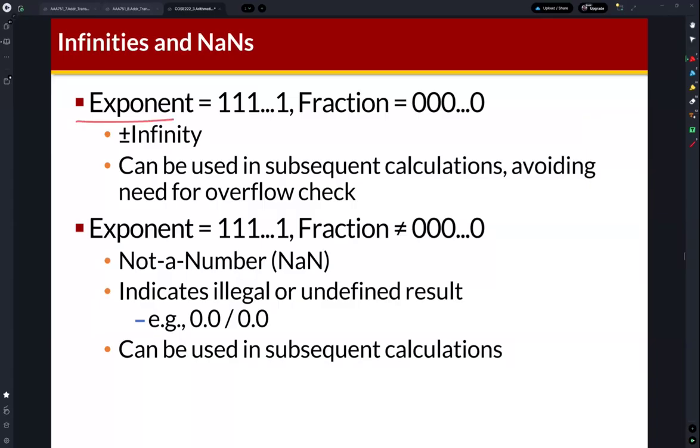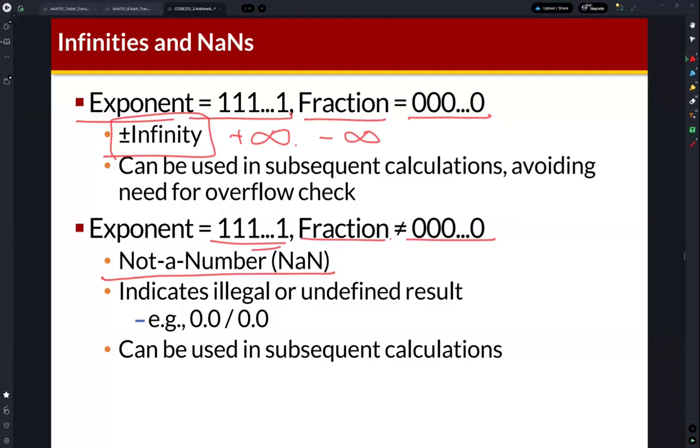So if the exponent is all ones and the fraction part is 0, then this means infinity, right? So a CPU or RISC-V uses this special case for representing infinity, plus infinity or minus infinity. If the exponent bits are all ones and the fraction bits are not 0, then it represents not a number. So it indicates an illegal or undefined result. For example, 0 divided by 0.